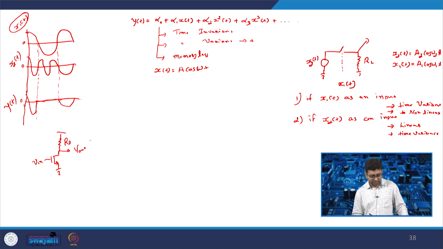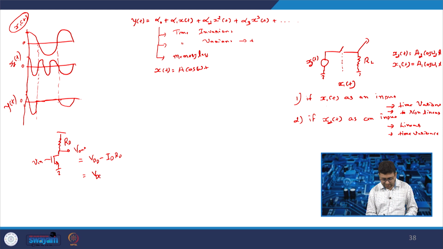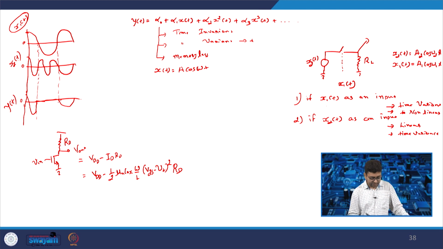What is V out? If I want to write V out, that V out is given by VDD minus ID RD. If I again write the equation of ID, VDD minus half mu n C ox W by L (VGS minus VT) whole square into RD.